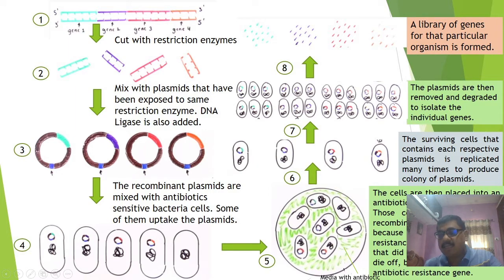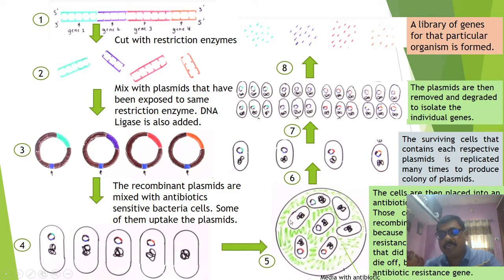The cells are then placed into antibiotic containing medium, and those cells that took up the recombinant plasmid survive because they have the antibiotic resistant gene, that is this blue gene, which the particular plasmid has. And the cells that did not take up the plasmid, those cells that don't have any plasmid, will die off because they do not have the antibiotic resistant gene.